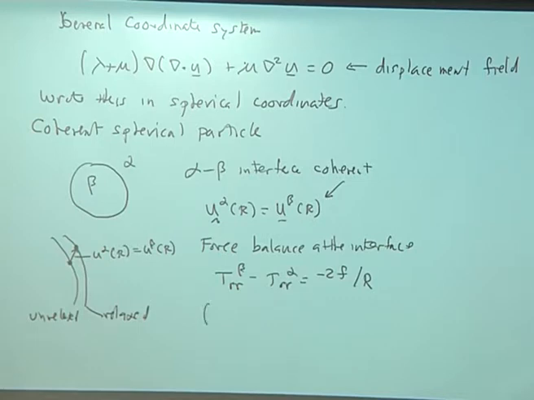So in other words, let's set it aside for a fluid, TRR is minus P. And so this becomes (2f over r), which looks a little bit like the Laplacian equation.